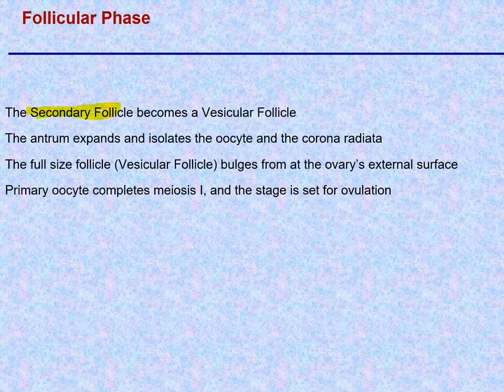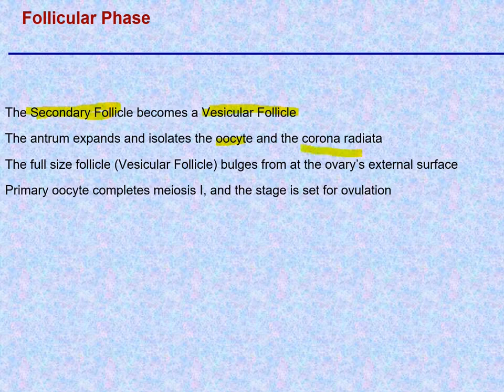The primary oocyte becomes a secondary oocyte, and it is called a secondary follicle, and then becomes a vesicular or Graafian follicle. That antrum gets bigger and isolates the oocyte. I wouldn't worry about this term here.